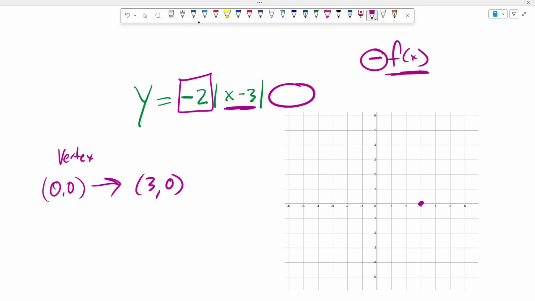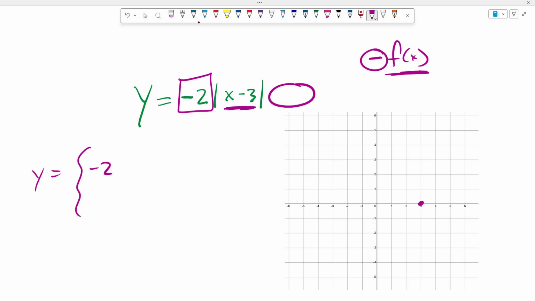So if we broke down the piecewise real quick, let me just do it. You don't have to write this down. It'd be -2 times x minus 3 if x minus 3 is greater than or equal to 0. -2 times negative x minus 3 if x is less than 0.